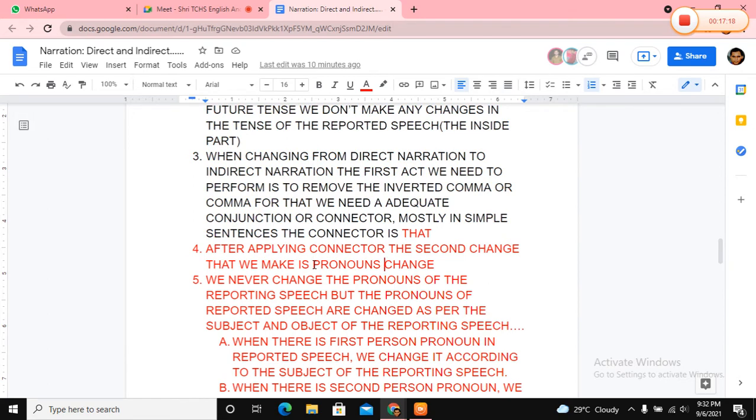And the fifth rule says we never change the pronouns of the reporting speech, but the pronouns of the reported speech are changed as per the subject and object of the reporting speech.